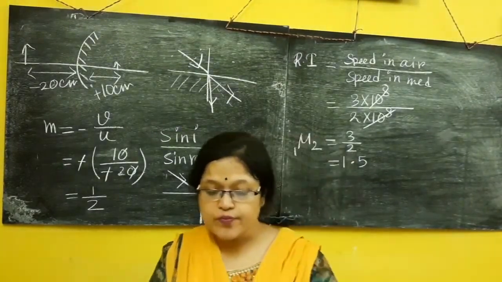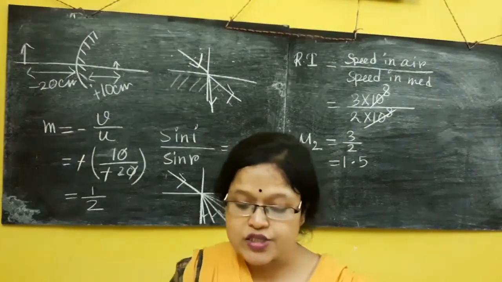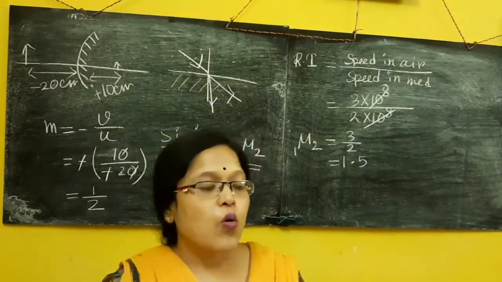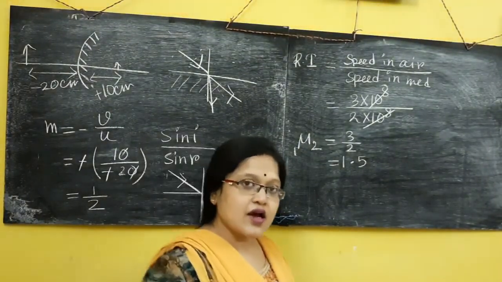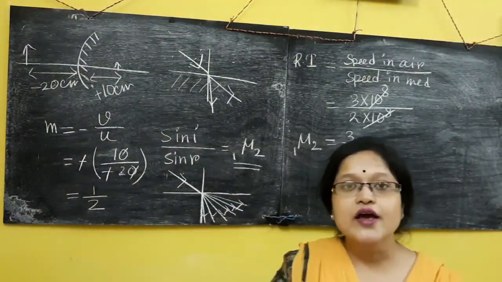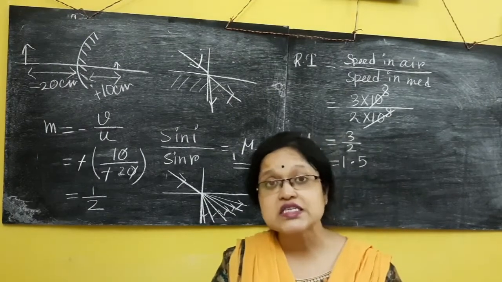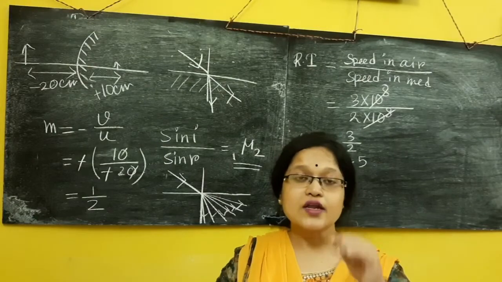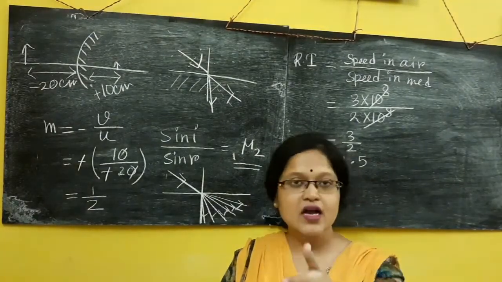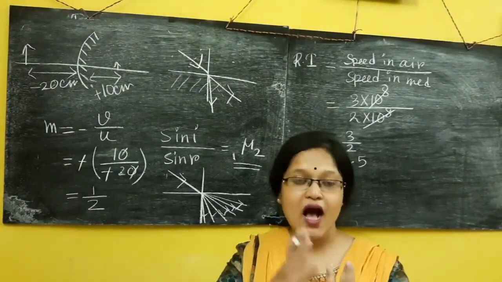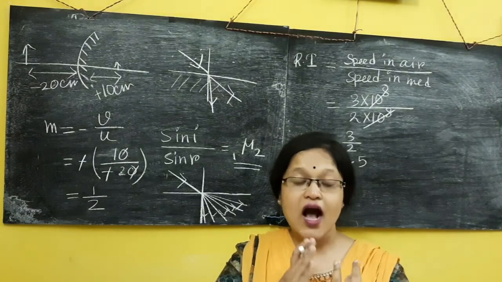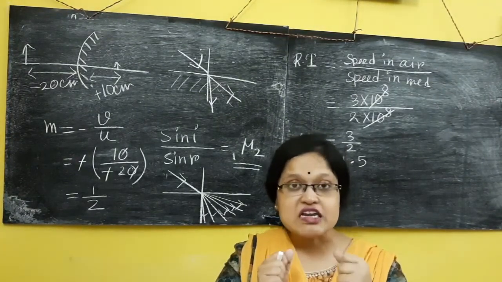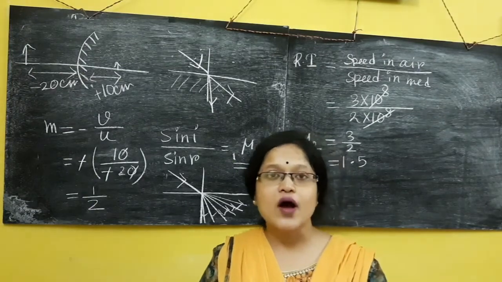Next question. What type of mirror is used in the headlight of a car and why? What is the purpose of a headlight in a car? We know a headlight provides us an intense bunch of light. Means whatever light I am getting from my car should first of all be very intense and bright.